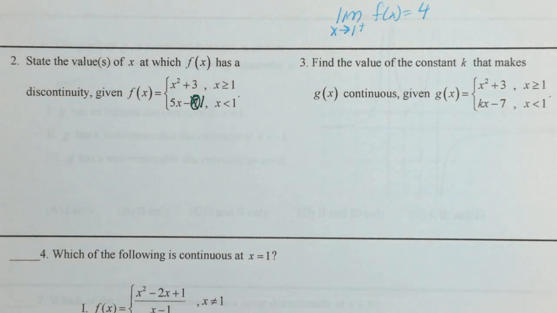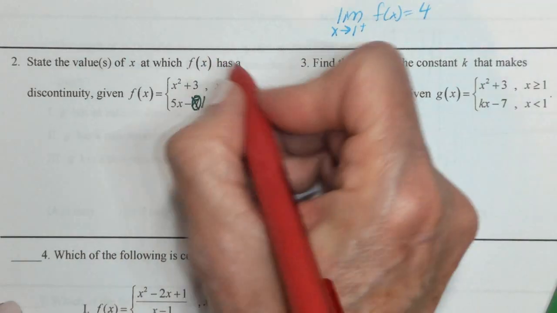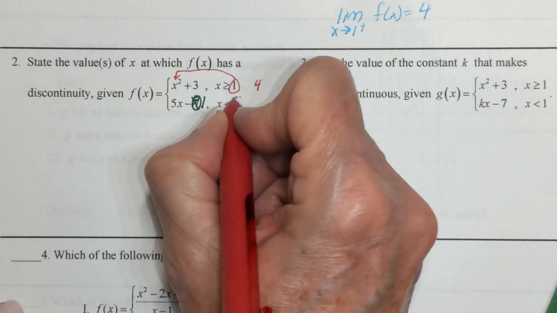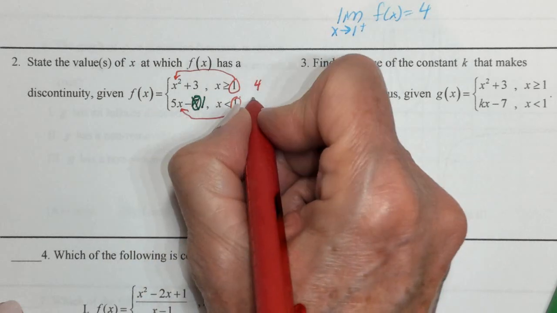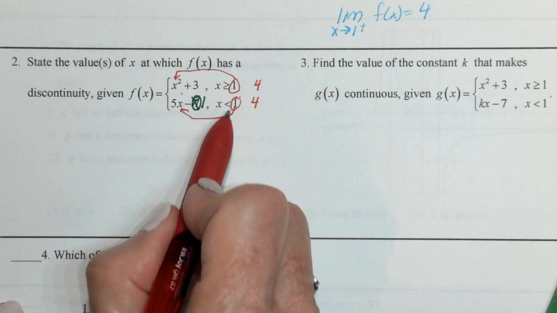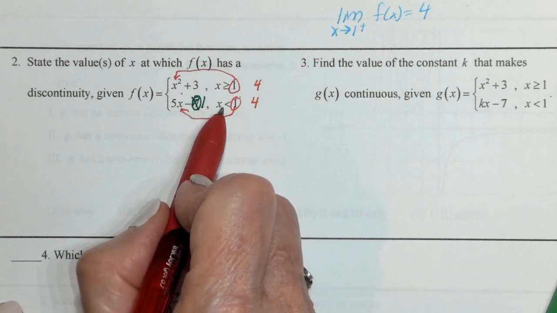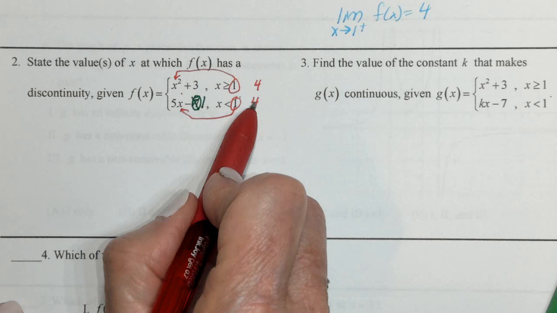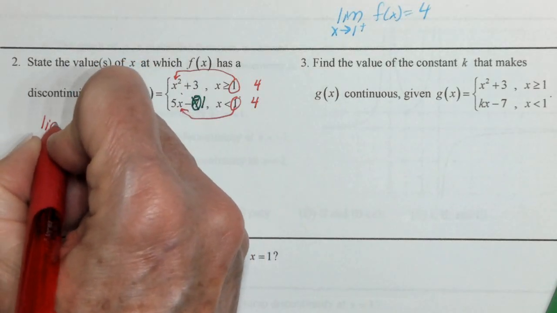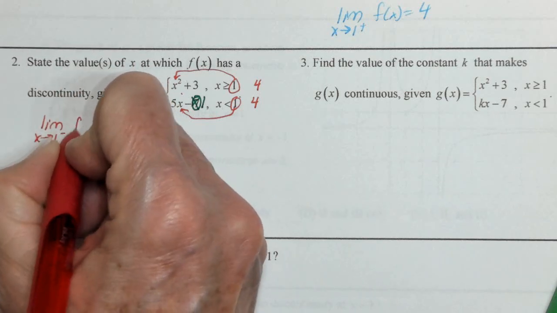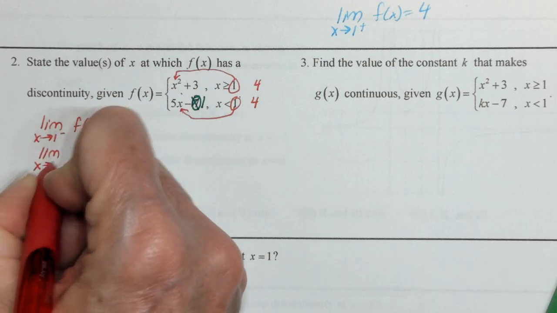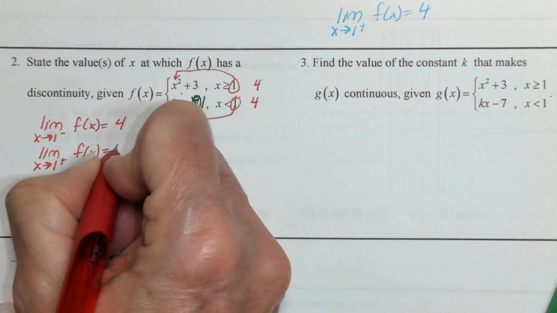So, again, if I put 1 in for x, I get 4 for that piece. If I put 1 in for x here, I get 4 for that piece. So this parabola meets this line when x is 1. Their limits are the same. The limit as x approaches 1 from the left is 4, and from the right is also 4.